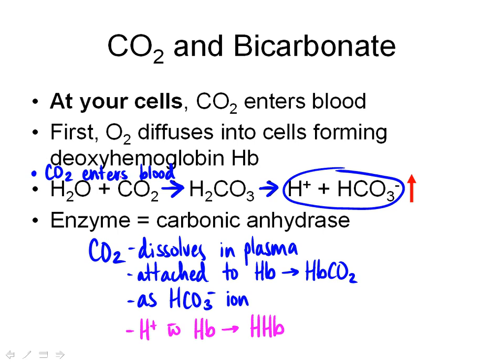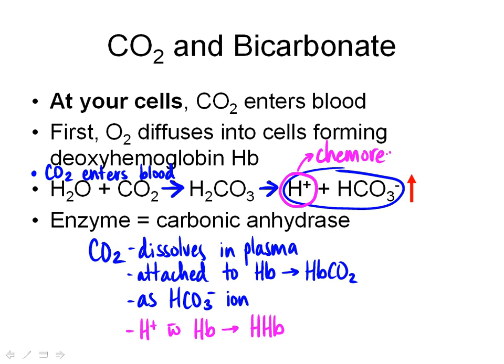Because it turns out most CO2 is actually hidden as a bicarbonate ion, which means your body, if it's monitoring CO2 levels, might not actually see any CO2 because that CO2 has been changed into this HCO3. It's kind of hiding in there, but there is H plus. So this H plus is really important for those chemoreceptors to monitor.